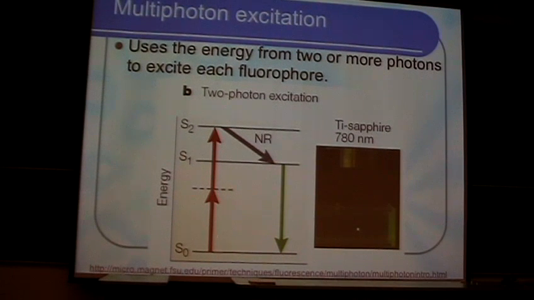As you can see, the two photons have to be absorbed at the same time. Then there is a non-radiative process, just like in the regular fluorescence case, and then the fluorescence process at the wavelength which is, however, now shorter than the wavelengths of excitation, because two photons have been used to excite the dye molecule.